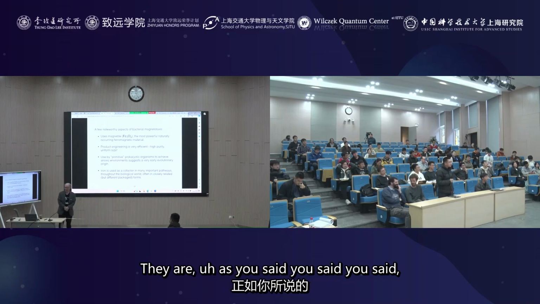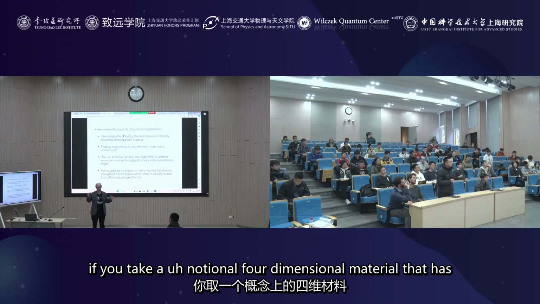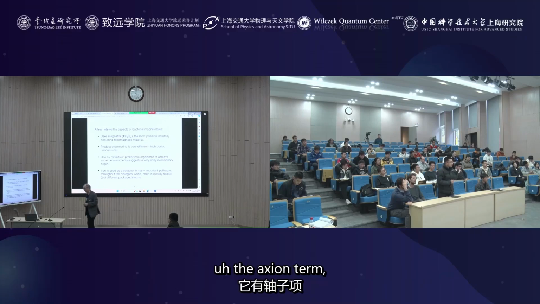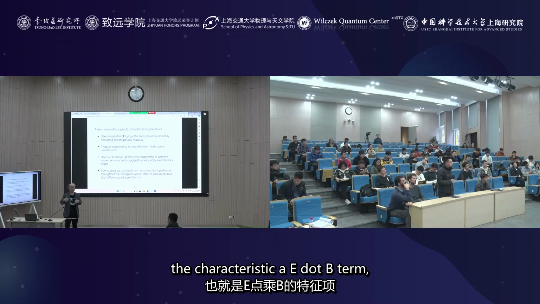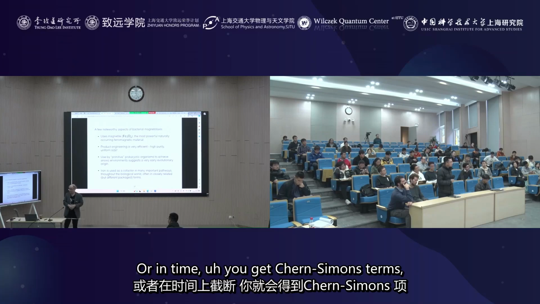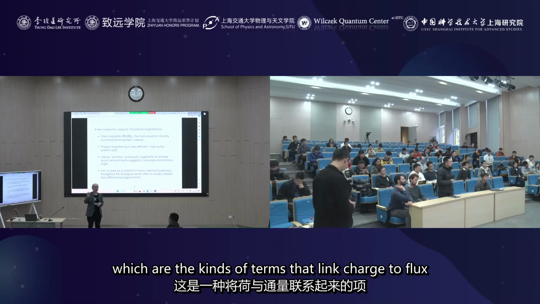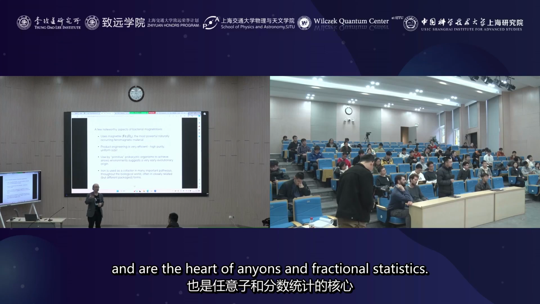As you said, the most basic relationship is if you take a notional four-dimensional material that has the axion term, the characteristic E dot B term, and cut it off in space or in time, you get Chern-Simons terms, which are the kinds of terms that link charge to flux and are the heart of anyons and fractional statistics.